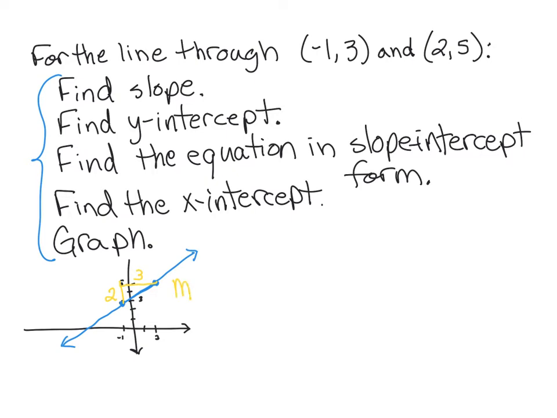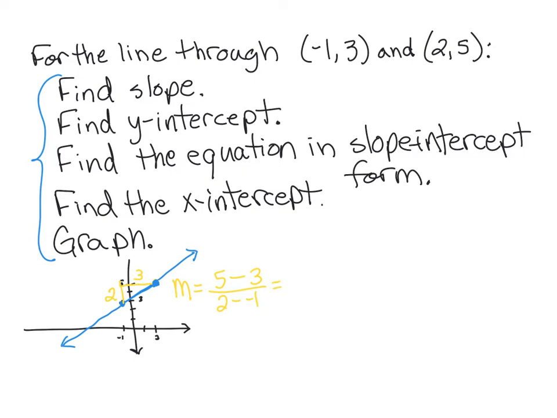Watch this. m equals the ratio of, starting from this point right here, y was 5, and I went down to y was 3. Starting with this point right here, my x value was 2, my other x value was minus -1, which makes that +1, right?